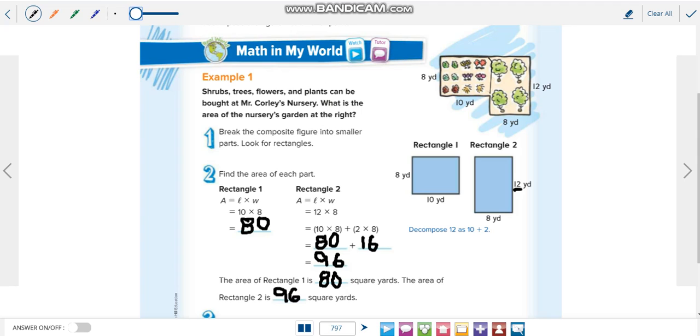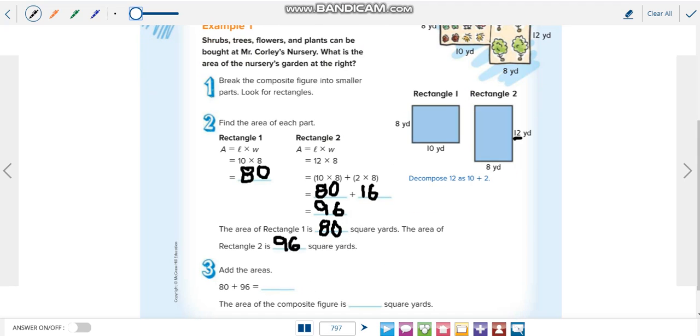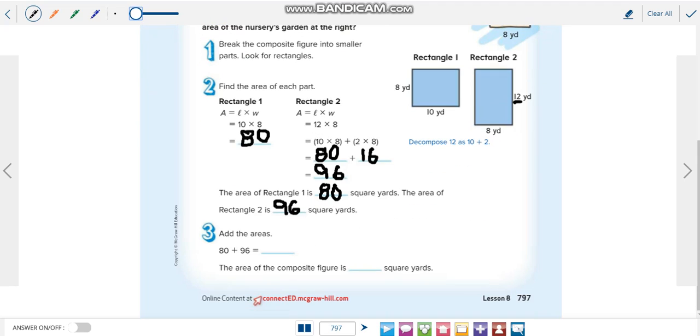square yards. So in step number 3, we need to put them together to find the total area of this figure. So we're going to be adding: 0 plus 6 equals 6, 8 plus 9 equals 17.